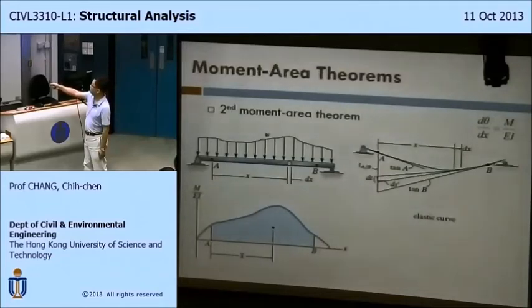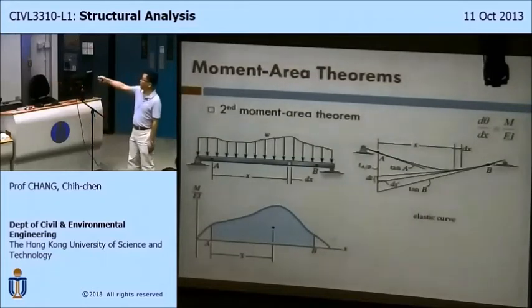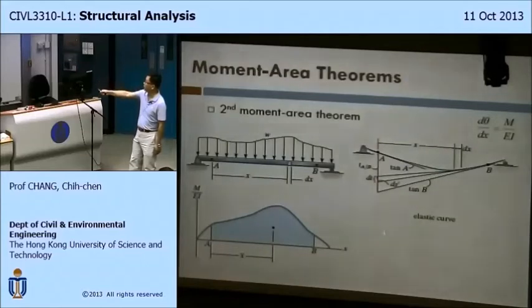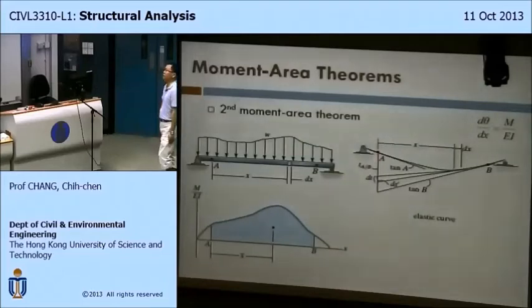We identify, again, 2 points, point A and point B. You select one point as your reference, let's say point A, and draw a perpendicular line, and a tangent line from B will intersect with this vertical line at one point. This distance we call t A/B, a sort of projected length between A and B.